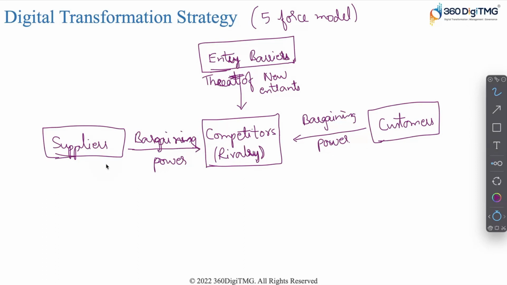Suppliers might say, hey, competitor A, I'm going to charge you so much for supplying the goods, raw material. If you're not going to pay me, I'll go to supplier B. The other supplier might pay. So this way, the bargaining power of suppliers will increase if the number of competitors in the market is higher. Simple. So you also need to look at that.